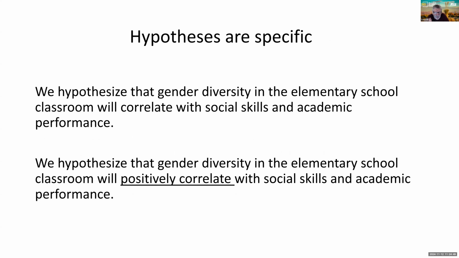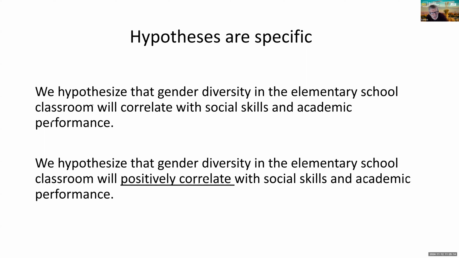Hypotheses. Okay, so we have our hypotheses, or I'm thinking about converting research questions to hypotheses. Be very specific about them, right? We hypothesize that gender diversity in the elementary school classroom will correlate with social skills and academic performance. This is not a specific statement. Your hypothesis has to have a specific direction to it.